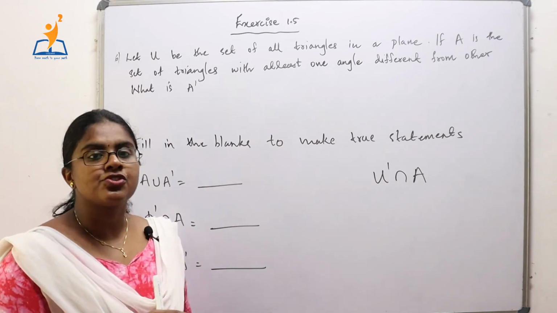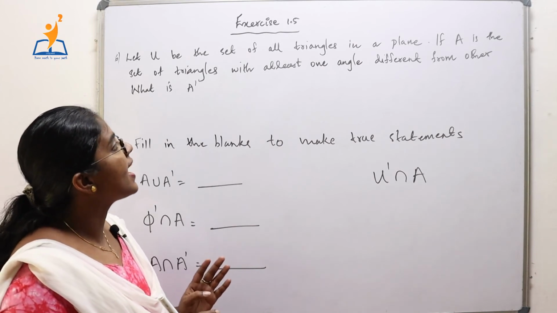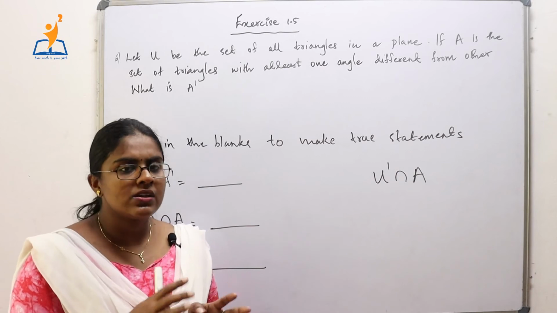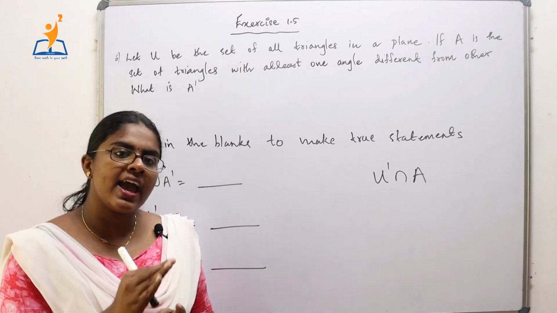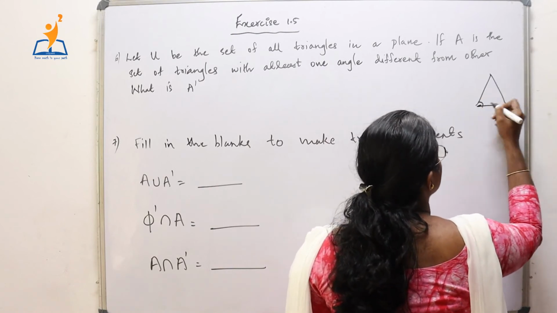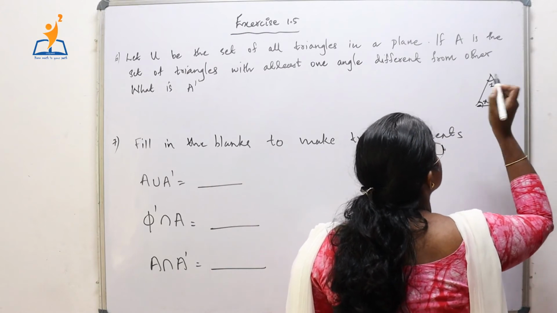So U is the set of all triangles in a plane and A is the set of triangles with at least one angle different from other. What does it mean? One angle is different from other. We know that in a triangle there are 3 angles, and let it be x, y and z.